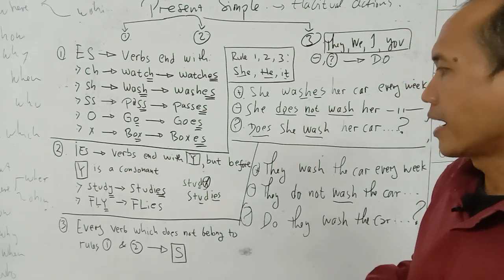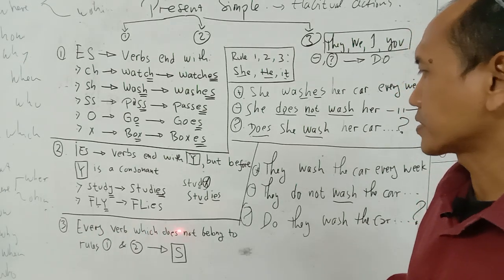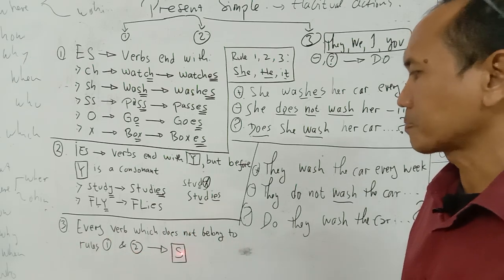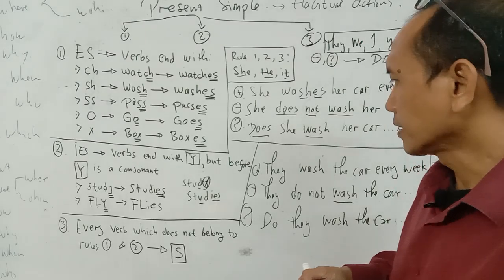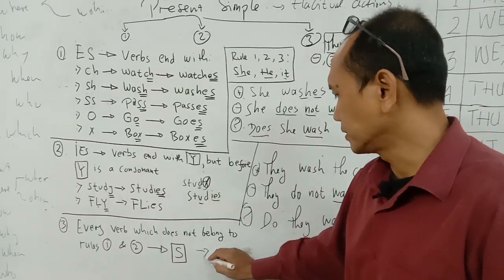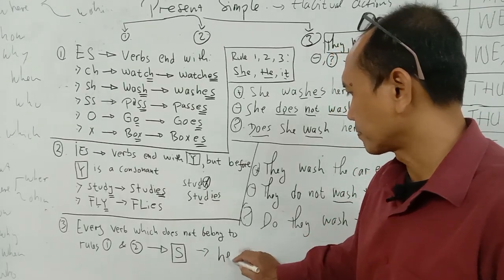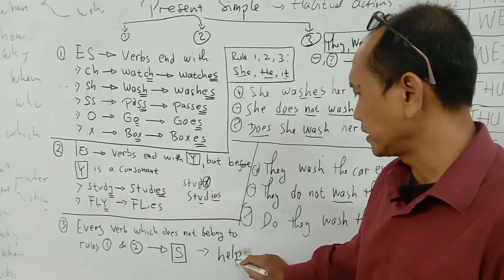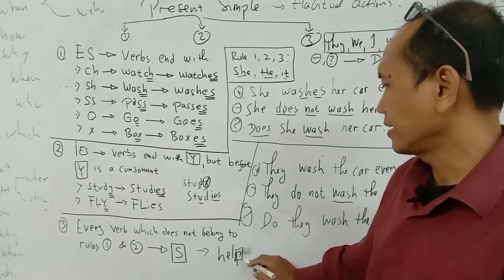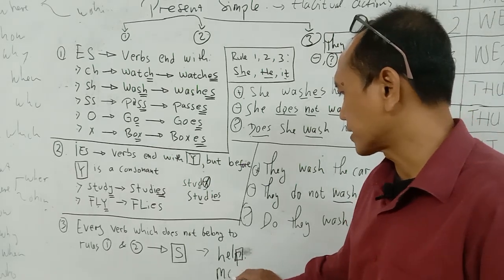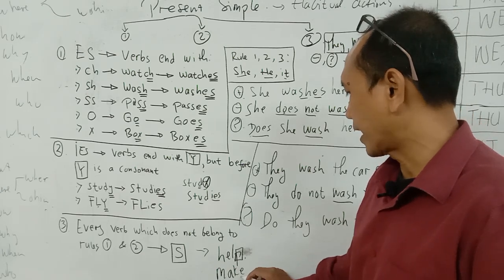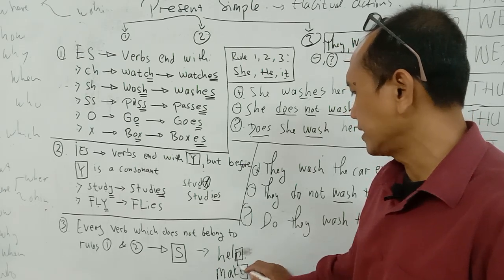Rule number 3. Every verb which does not belong to rule number 1 and number 2, you just put s. Example, let's say, help. Help is a verb ending with p, and let's say make, a verb ending with e.